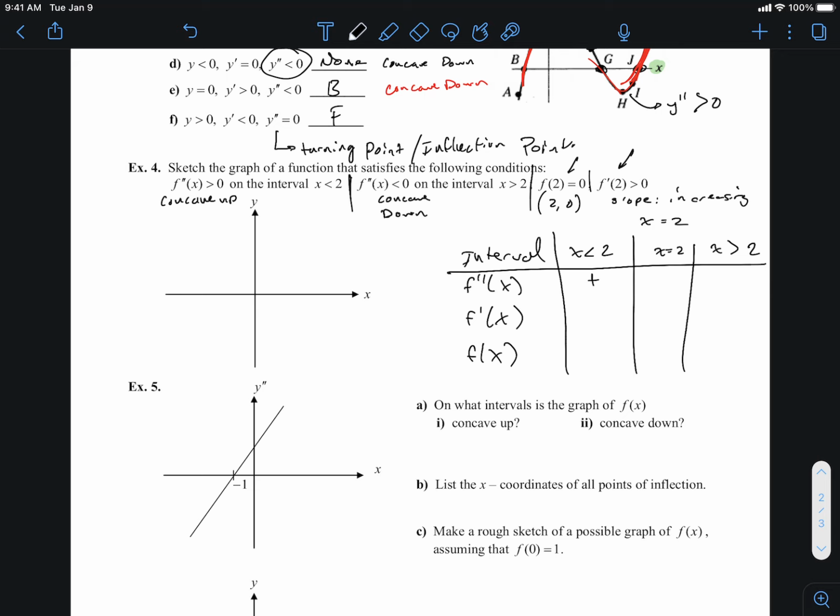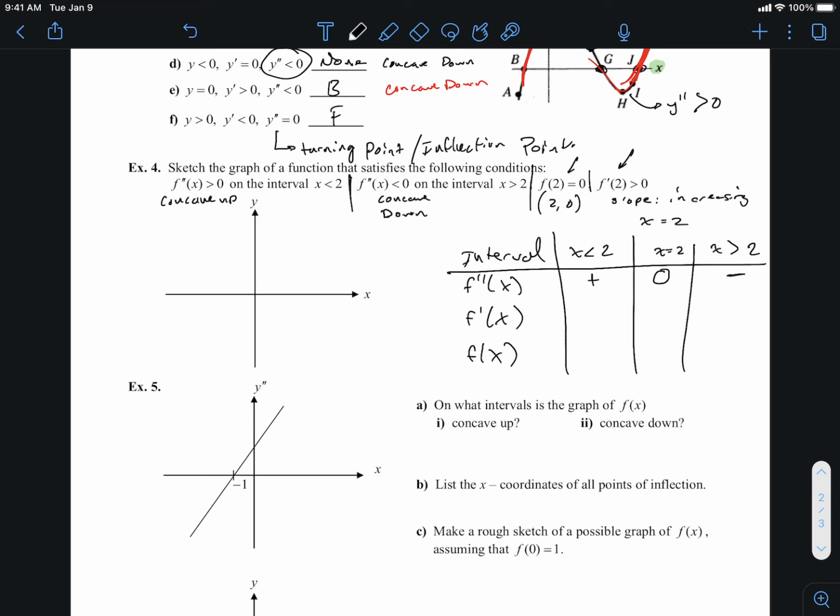And the second derivative on the interval x greater than 2 has to be negative, which tells me somewhere in the middle we're going to have this inflection point, where it's 0.